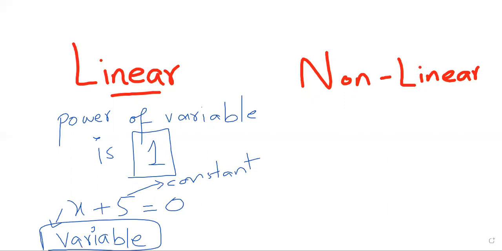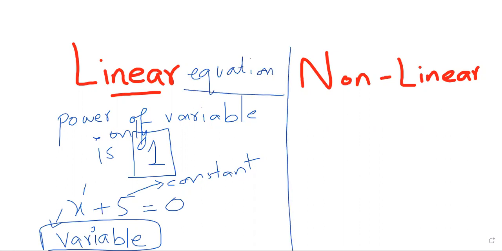And you can see there is no power on x. It means that x has a power of 1. So all the equations in which the power of the variable is only 1, I must say only 1, are called linear equations. I'll give you a lot of examples of these.